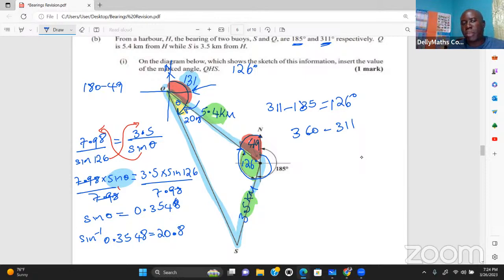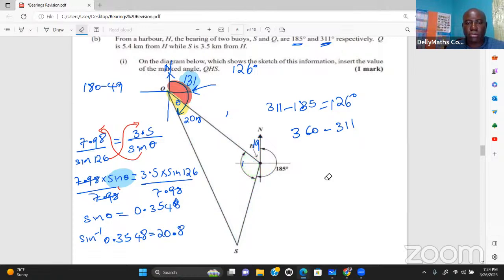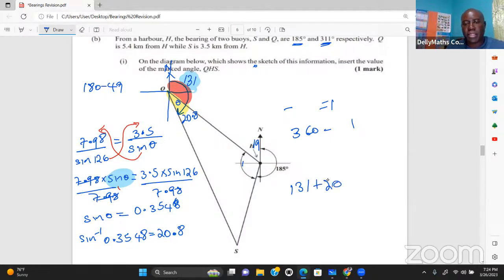So then the bearing is going to be 131 and 20.8. Based on what the question wants, the bearing is going to equal 131 plus 20.8, and that's going to take us to the bearing.